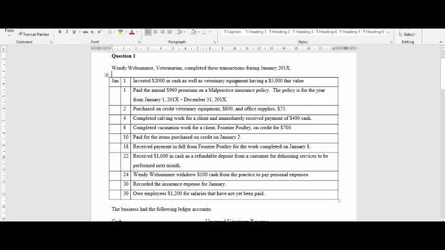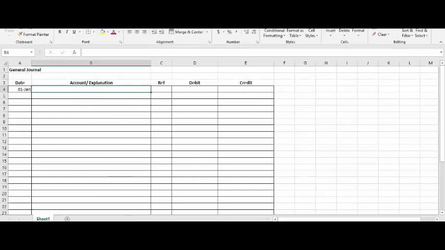Wendy Wellsummer, veterinarian, completed these transactions during January 2000 whatever. Invested $2,000 in cash as well as veterinary equipment having a $5,000 fair value. So one of the things when you're doing journal entries is to try and figure out what's the debit and what's the credit.